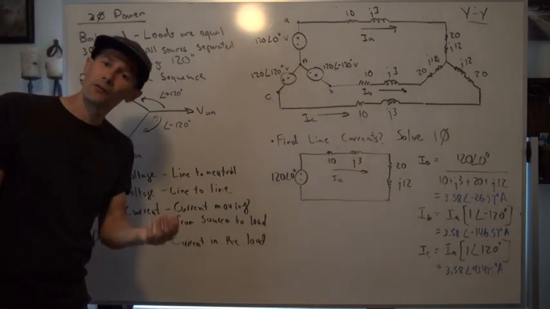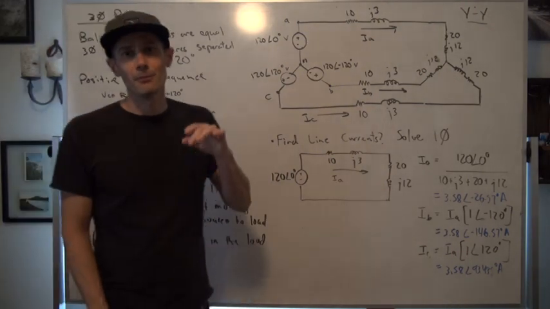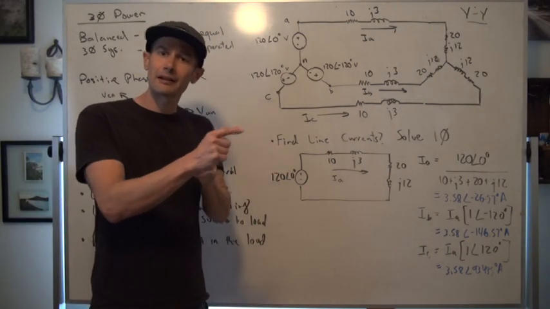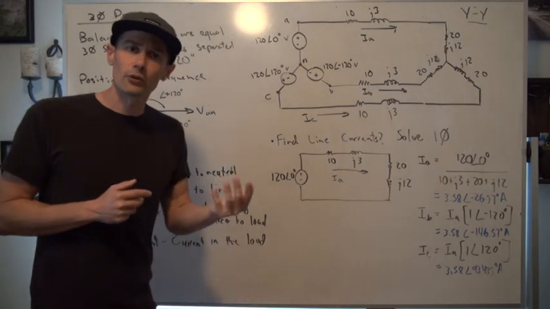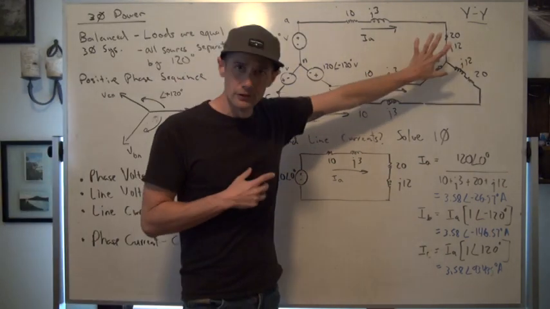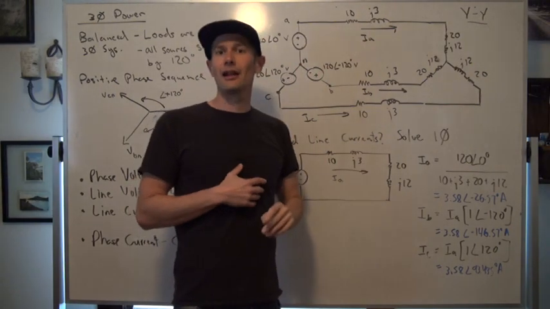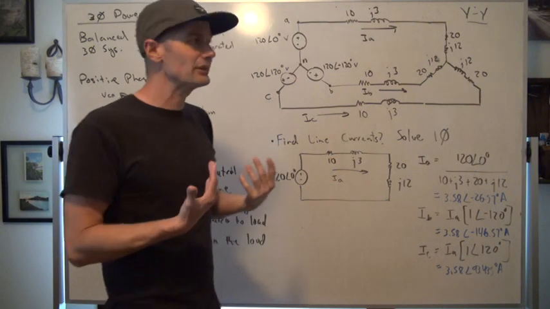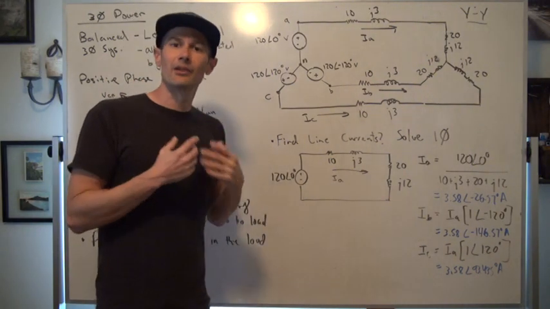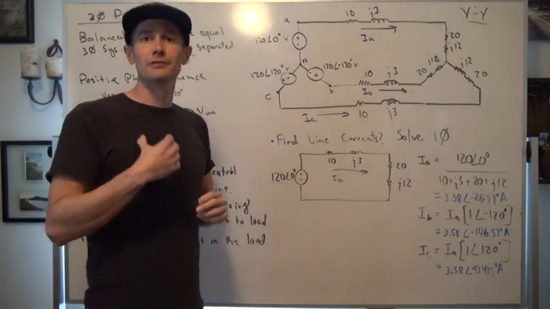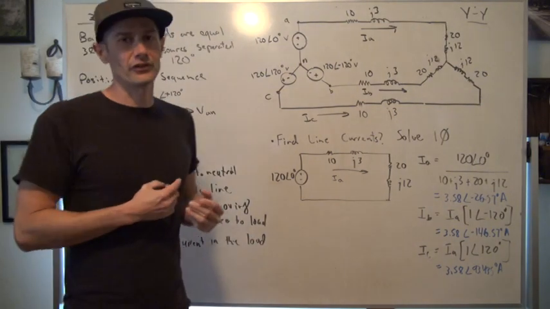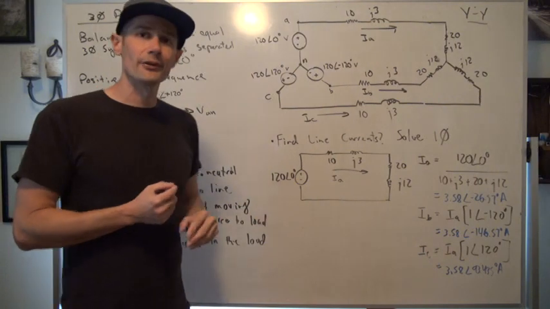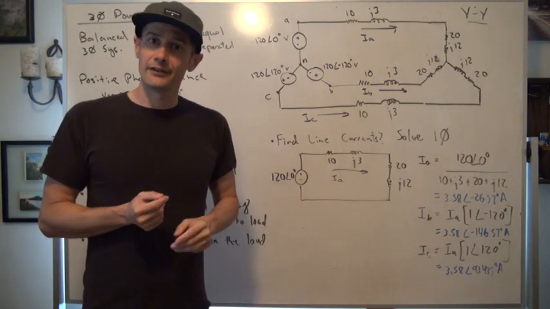And what this does for us with a balanced system, combining this notion of 120 degrees with the same magnitude separation for the sources, and the load having the exact same impedance in each branch, is allow a simplistic way of going through the system and being able to analyze it. And what it really does in the end is allow us to solve it one phase at a time.